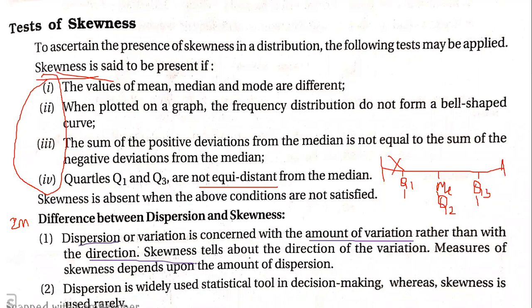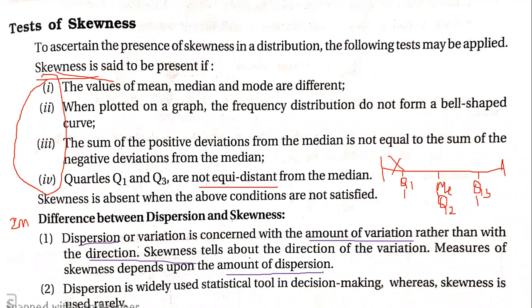Skewness tells about the direction of variation. Measures of skewness depend upon the amount of dispersion. Which means dispersion and skewness both are interrelated. How are they interrelated? Measures of skewness depend upon amount of dispersion.